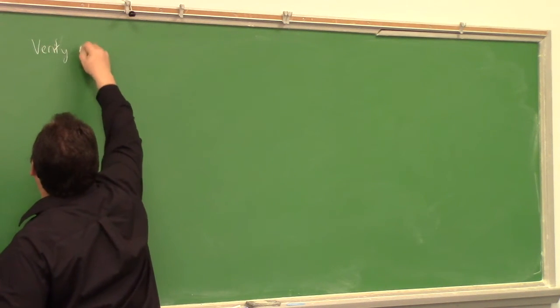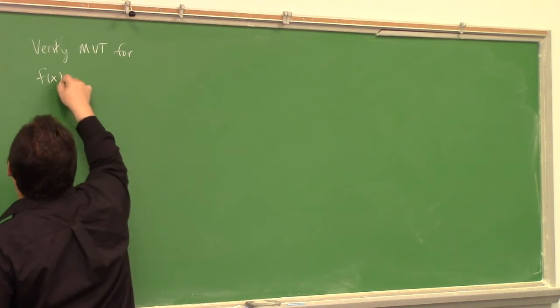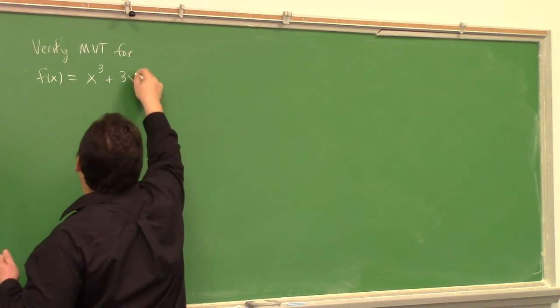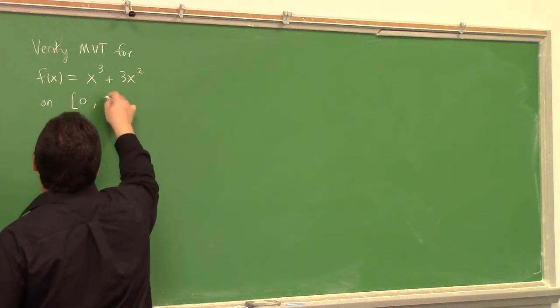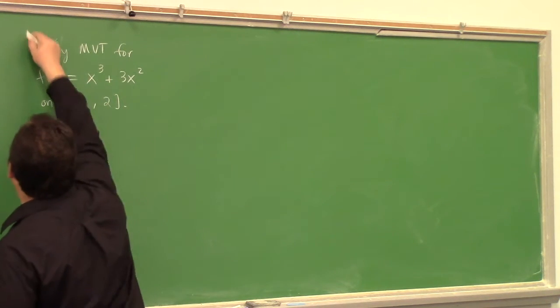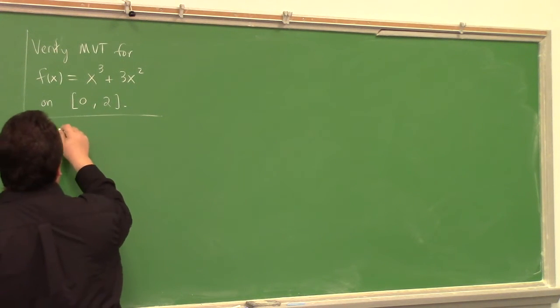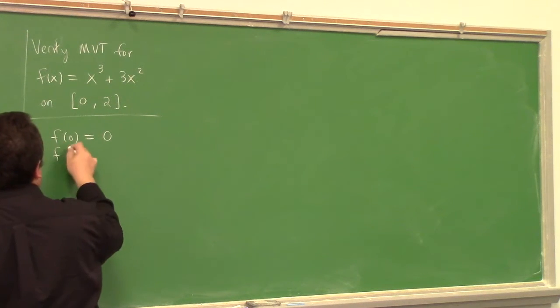So let's say, verify the mean value theorem for f of x equal to x cubed plus 3x squared on the interval from 0 to 2. Okay, let's calculate what's f of 0. F of 0 is 0. What's f of 2?